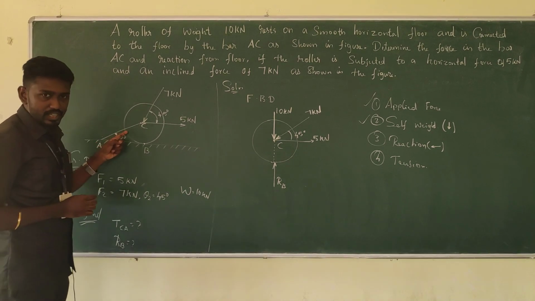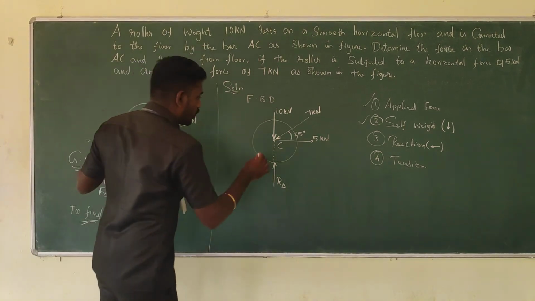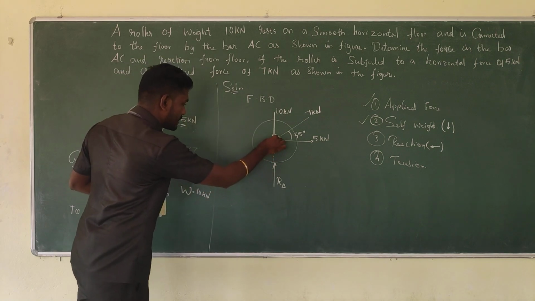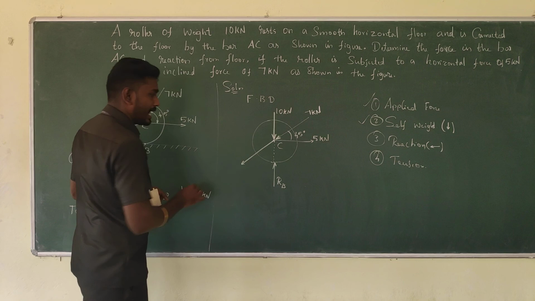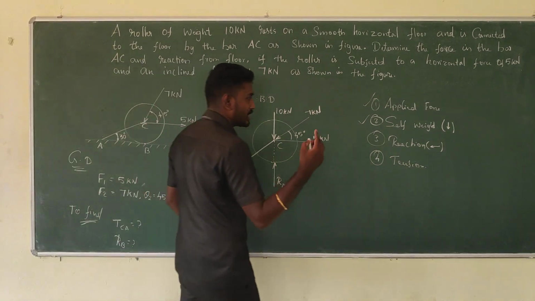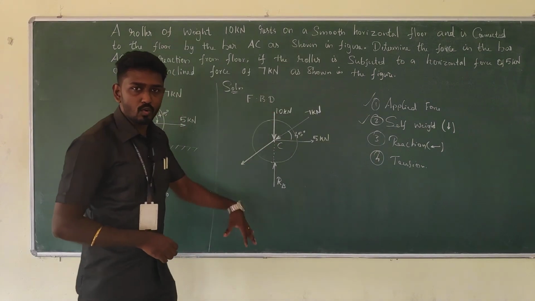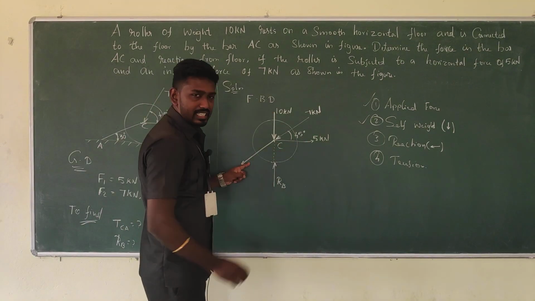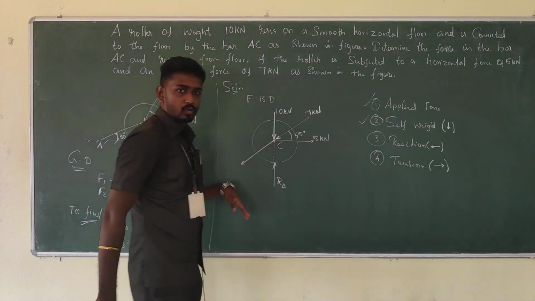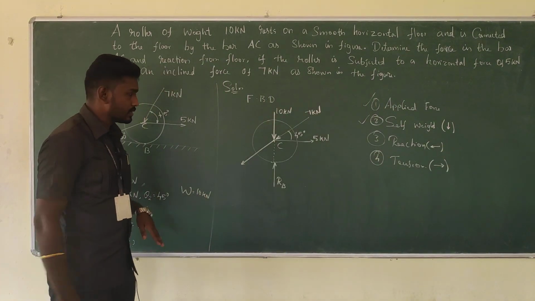So there will be a tension force. The tension force at C to A, and the tension force direction will always be outwards. Okay, reaction is inward, self weight is downwards, and the tension force is outwards. It comes from the out, it goes outward.